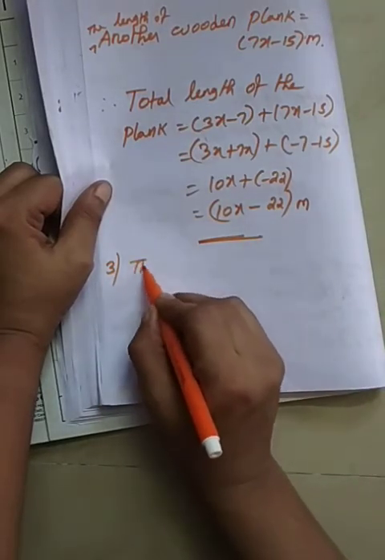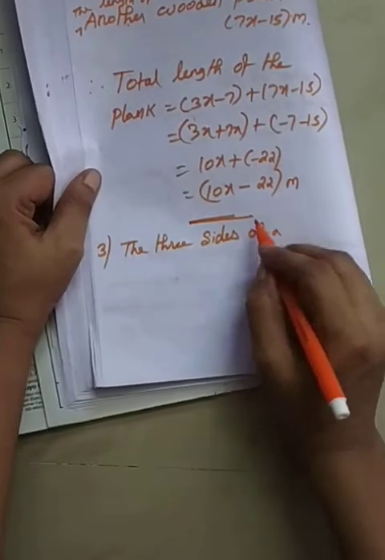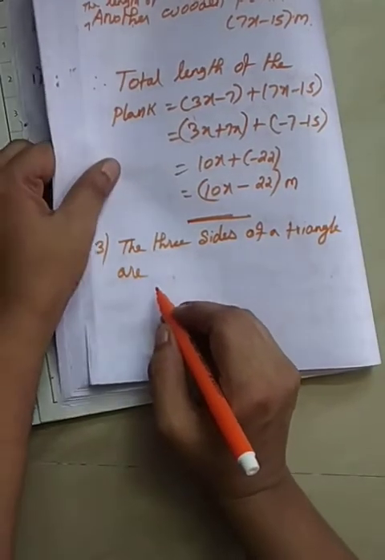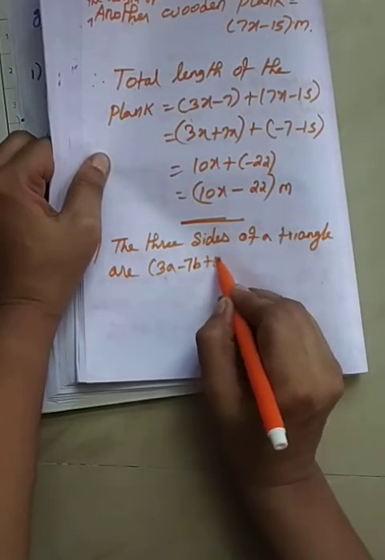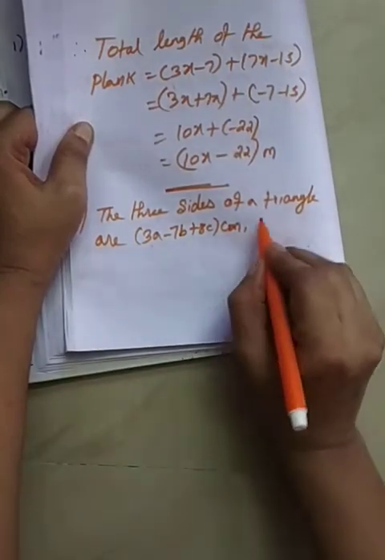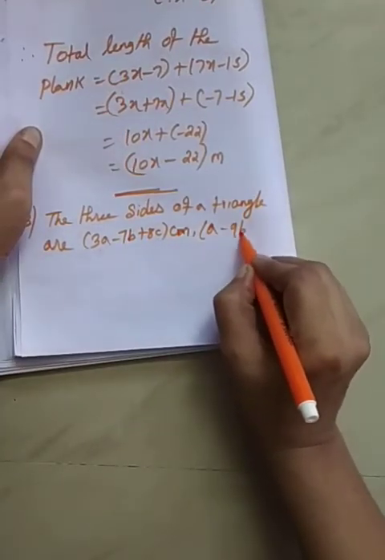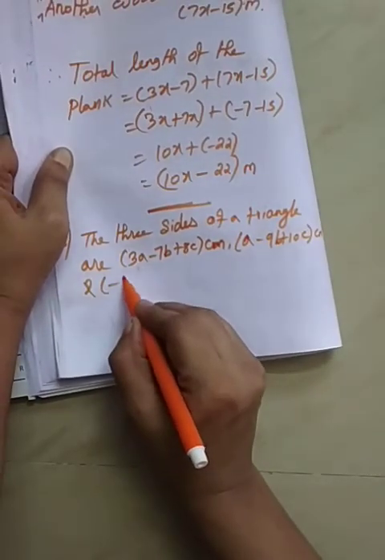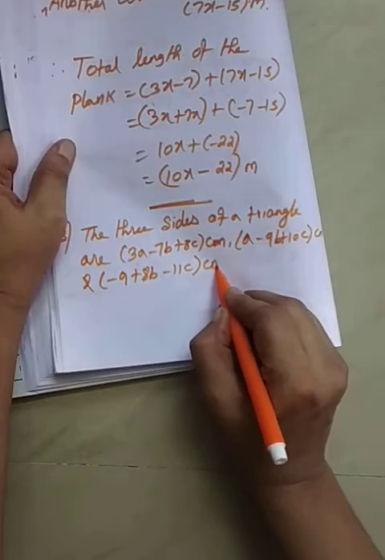The three sides of a triangle are 3a minus 7b plus 8c centimeter, a minus 9b plus 10c centimeter, and minus 9 plus 8b minus 11c centimeter.